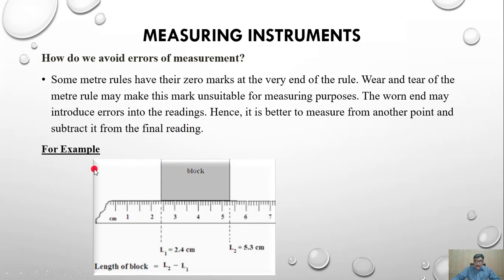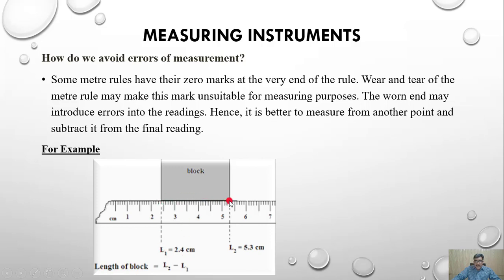If I am measuring the length of this block and I start measuring from this end, what will happen? There will be an error. So what do we have to do, if we have only this meter rule and have to measure the length? It is better to measure from another point and subtract it from the final reading. If I place this block at this end, I measure the initial reading, which at the moment is 2.4 centimeter, and I name it L1.